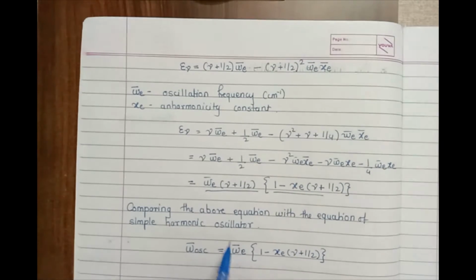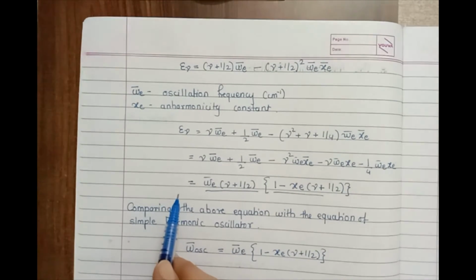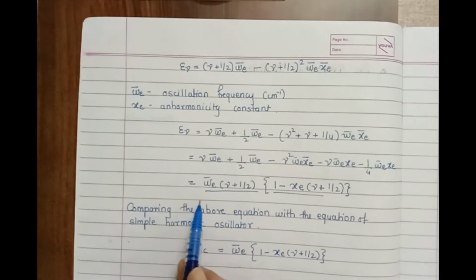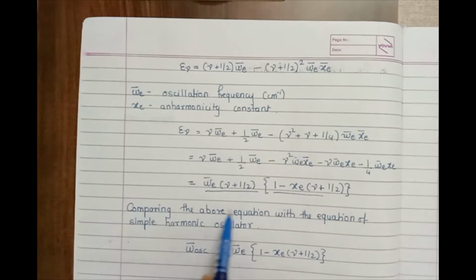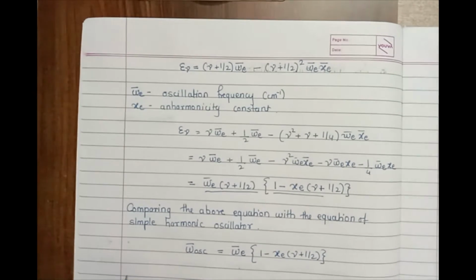Why? Because the wave number equation for simple harmonic motion is nu plus 1 by 2 into omega oscillation.